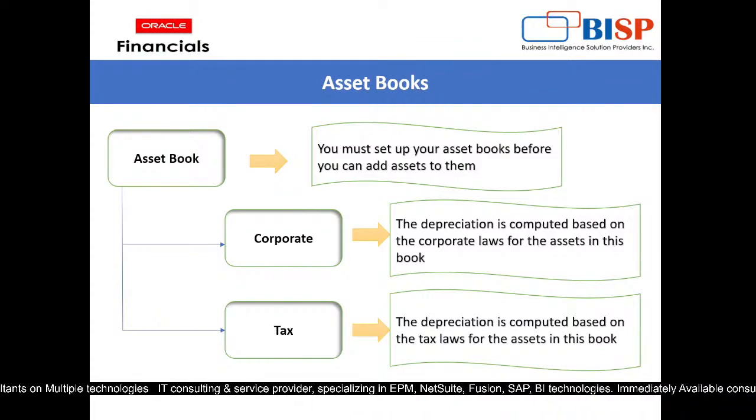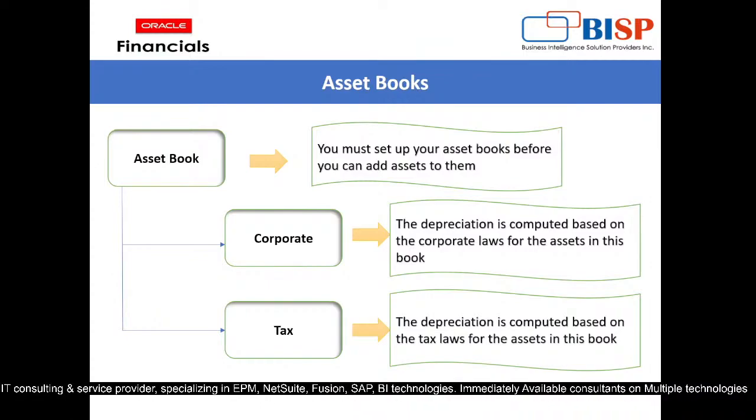So, for each corporate book, you need to set up multiple tax books and associate all of them to the corporate book. A tax book must be associated with the corporate book so that the assets and the transactions are easily copied from the corporate book. What will happen?